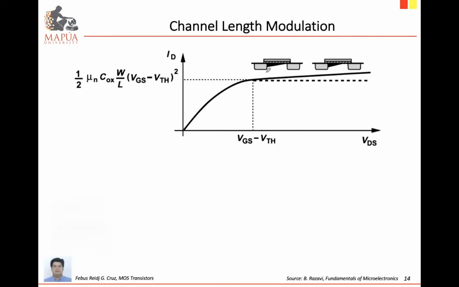So you have here effectively a larger length. And once we apply a higher drain-source voltage, the effective transistor length becomes smaller. So the transistor length reduces.